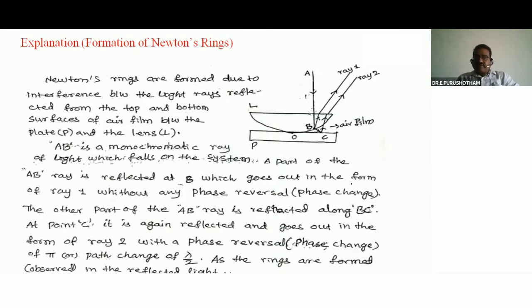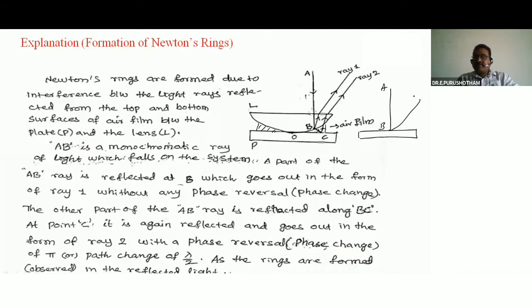Some part of the light is reflected as ray 1. Other part of the light is transmitted, moving as BC, and it is reflected from the air film. So from here to here, this is the air film. So this is AB, the monochromatic light ray.